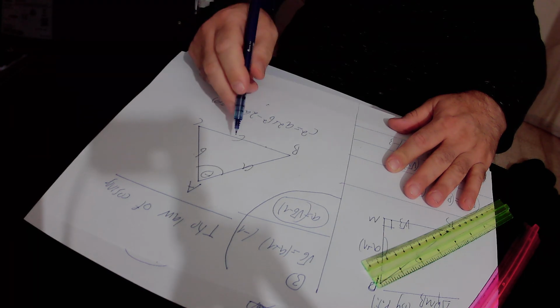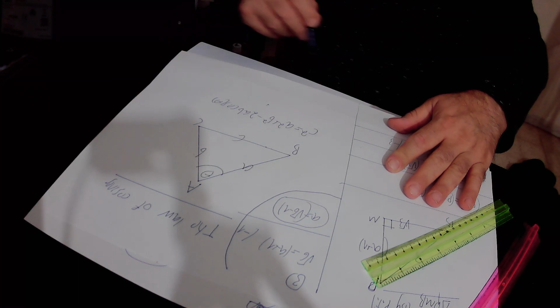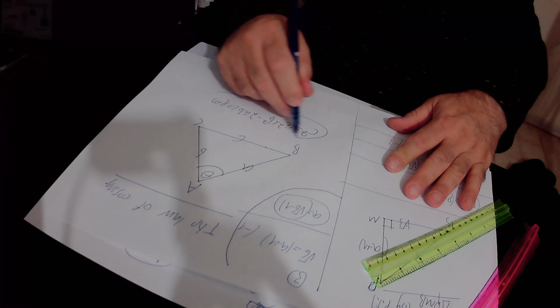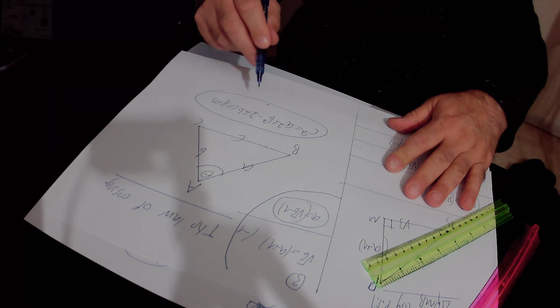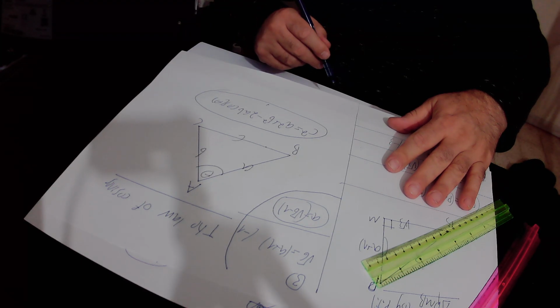Again, theta is the angle between side AB and side AC.